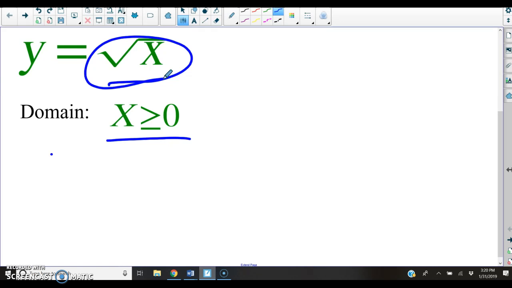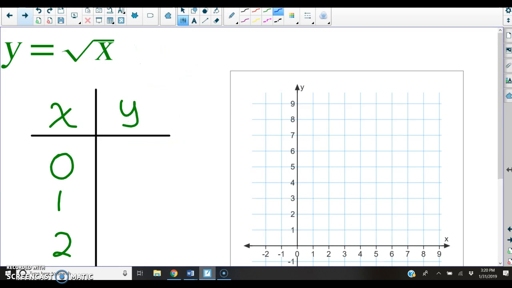All right, let's see what the parent function will look like. Let's graph y equals the square root of x. Well, the square root of 0 is 0. Square root of 1 is 1.